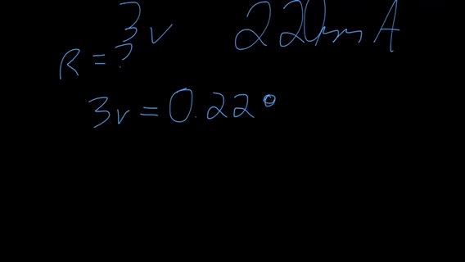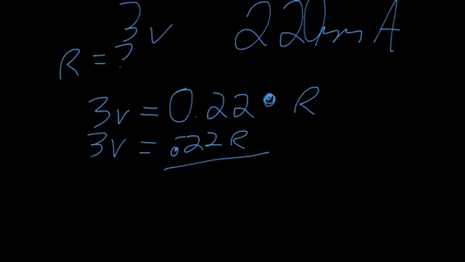Then you'd want to multiply it by R. Now we don't know the resistance, so how are we going to do this? Well, we want to solve the equation. Sorry, this is algebra. So you have 3 V is equal to 0.22 R. Okay? Then you want to divide by 0.22.